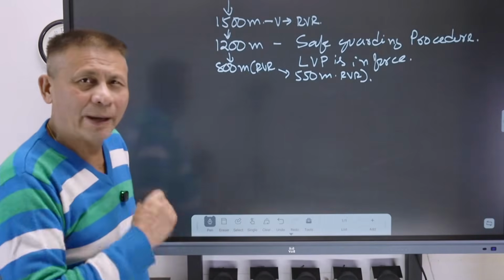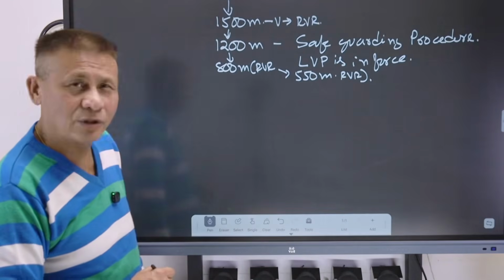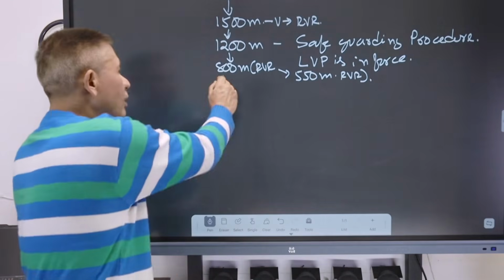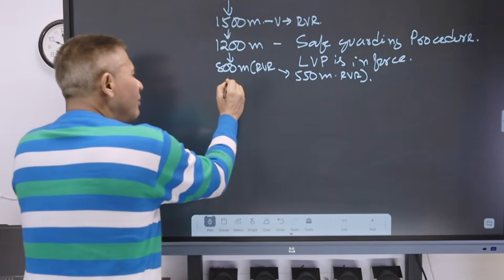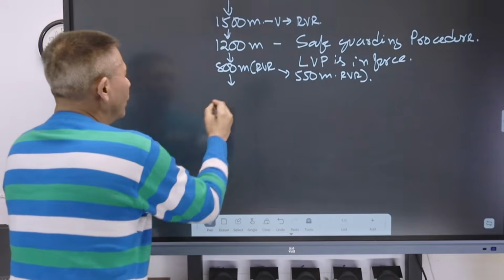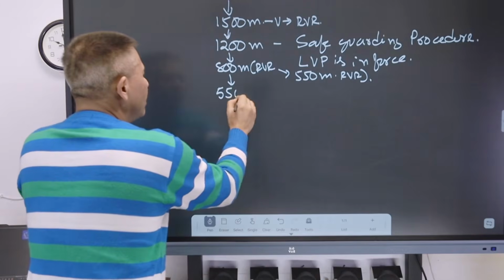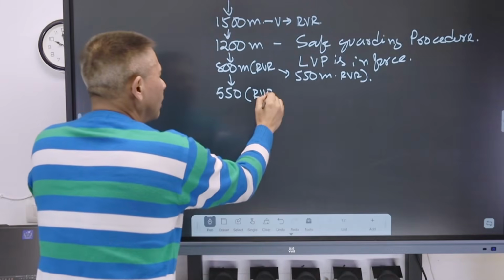So now coming back to what I was saying, that is 800 meters or 550 meters, the LVP is in force. Now let's drop the visibility further, okay, to 550 meters of RVR.